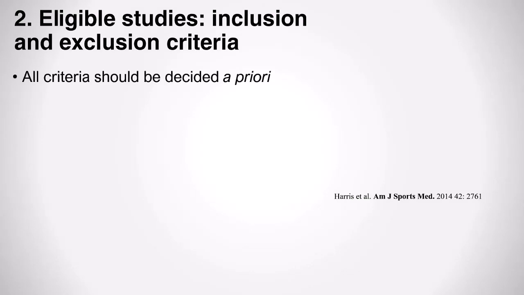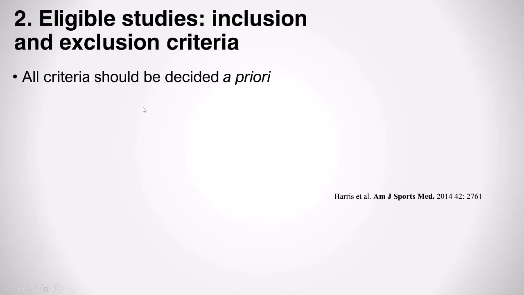So it's good practice to decide upon your search criteria really carefully before you do the actual real search. Try and avoid searching and then making little changes here and there as you go through the search process. That's not good practice.